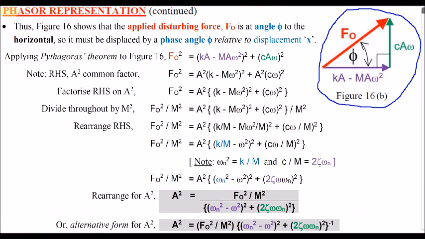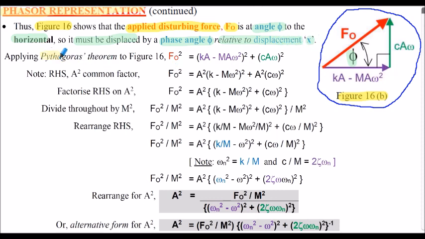Phasor representation continued. So figure 16 on the previous slide, figure 16a repeated here, shows that the applied disturbing force F0 is at angle phi, shown here, to the horizontal. So it must be displaced by the phase angle phi relative to the displacement vector x.